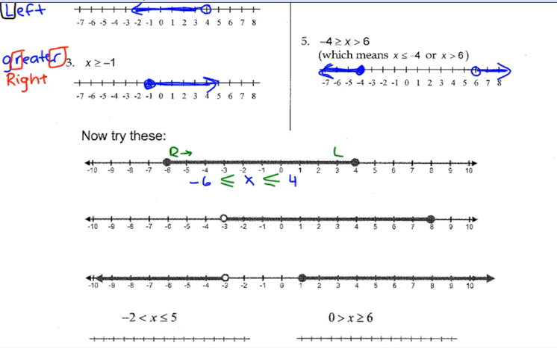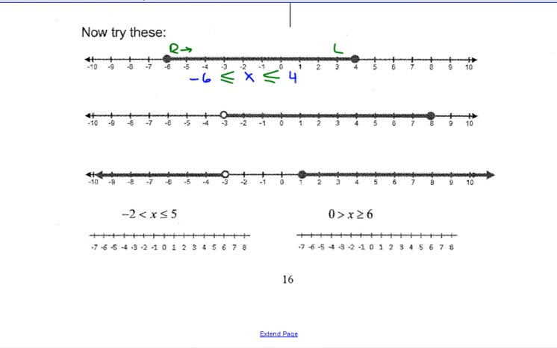Write out the inequalities. And then when you're finished, can you please shade in the bottom two? Thank you.